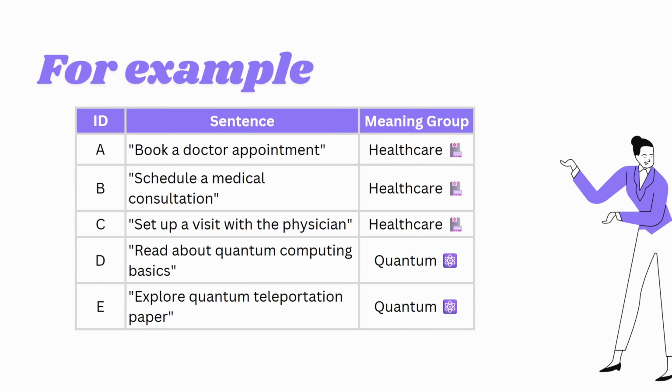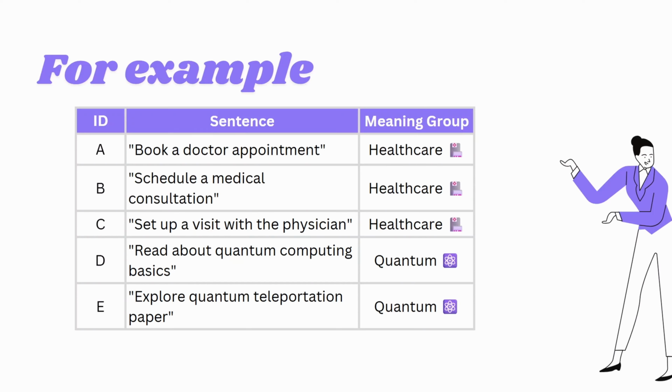Let's understand indexing with a simple example. Imagine we have a small document store with the following 5 sentences, each converted into a vector using an embedding model. We have also grouped them based on their semantic meanings. You can see that sentences A, B, and C are semantically similar. They belong to the healthcare group.